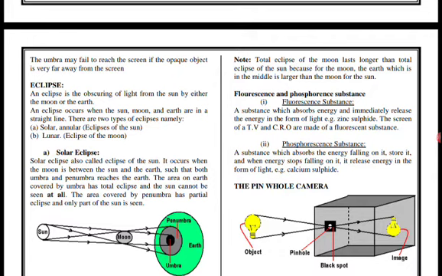There are these terms that you'll be finding, and those are fluorescent substances and phosphorescent substances. A substance which absorbs energy and immediately releases the energy to form light is what we call a fluorescent substance.